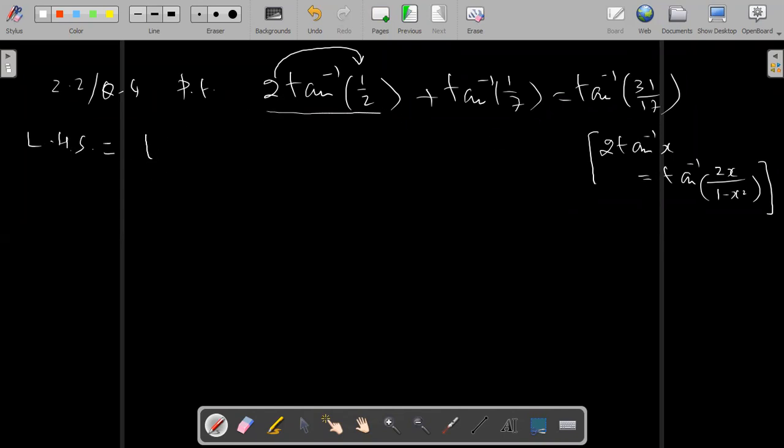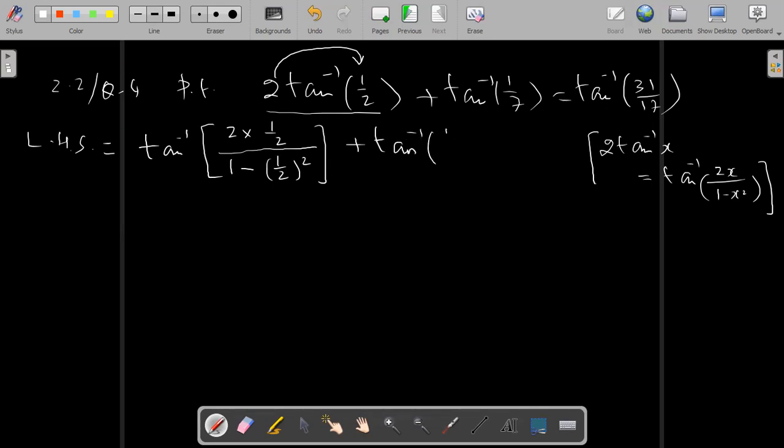So this will become tan inverse. What is x here? x is 1 by 2. So this will become 2x, 2 into 1 by 2, divided by 1 minus x square, that is 1 by 2 whole square, plus tan inverse 1 by 7. Solve this one. This 2 and this 2 will cancel.